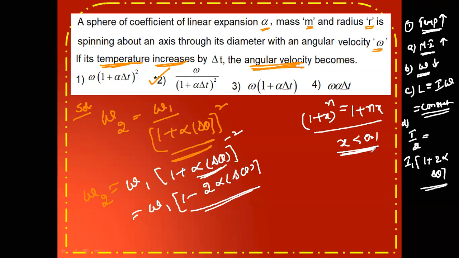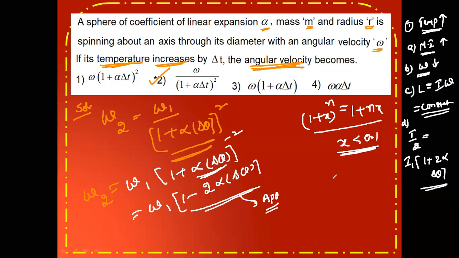Whatever the questions we have seen earlier, alpha is expressed in the order of 10 power minus 6, but the rising temperature may be 20, maybe 30, maybe 100. So the value of x is less than 0.1, so only we can apply the binomial theorem. This is the approximate formula, not the exact formula.